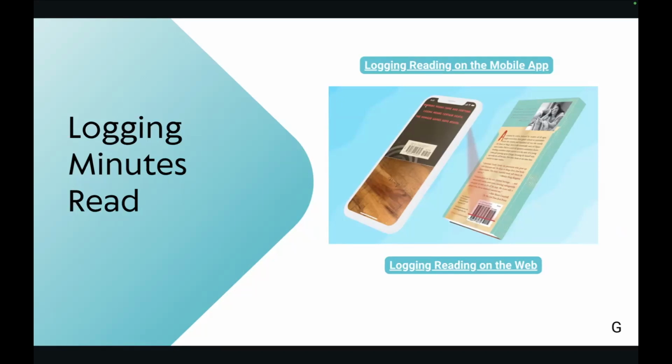And then you can add the minutes. So you can track your reading on a book. So, you were reading The Book Thief and you can track how many minutes you read each night until you finished The Book Thief. Or you can actually just log in and type in the minutes on your calendar.